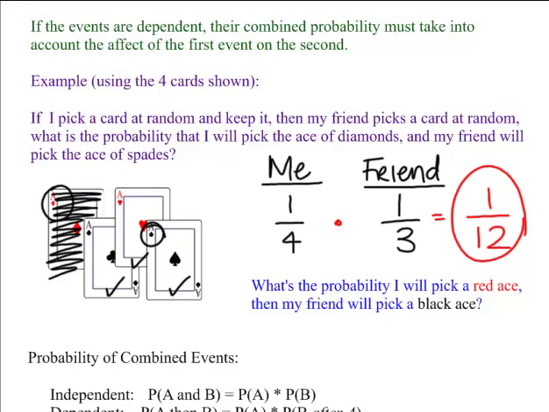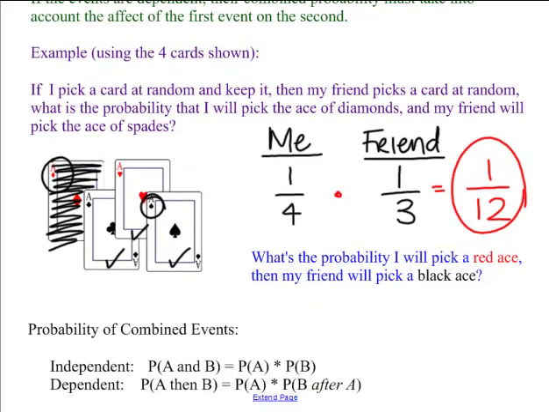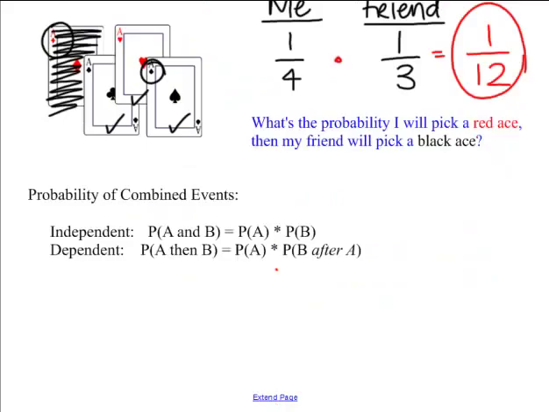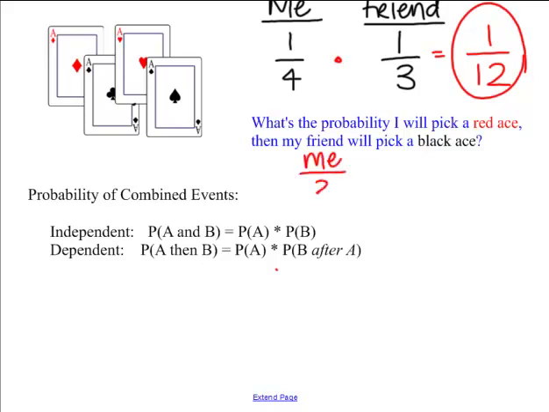Let's do another one. What's the probability that I will pick a red ace and then my friend will pick a black ace? So if we go back to our deck of cards here, I want to pick a red ace. So out of the 4 aces there, 2 of them are red.